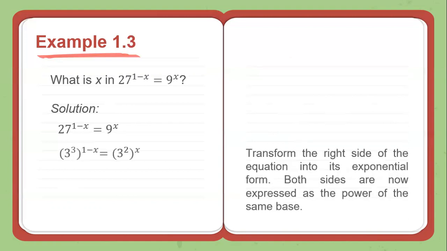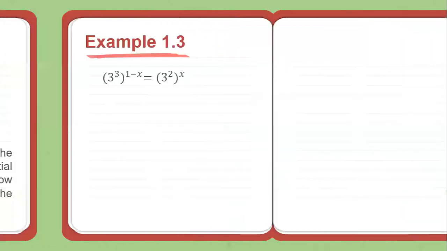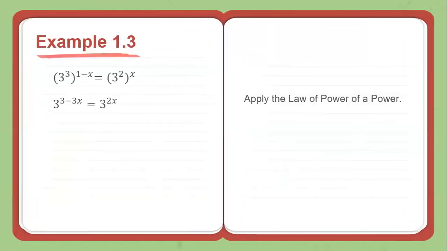That could be possible because both sides of the equation can still be expressed as the power of the same base. From that, we will have 3 cubed raised to 1 minus x is equal to 3 squared raised to x. Applying the one-to-one property of exponential function, we can have this value.